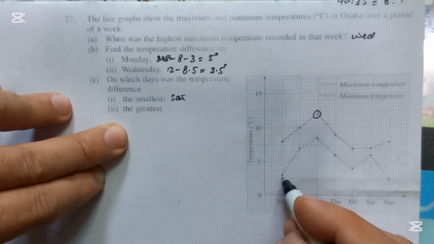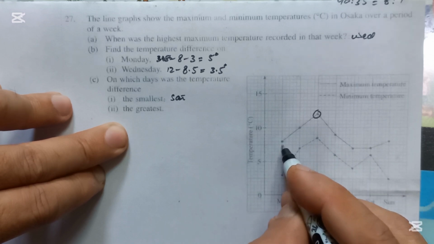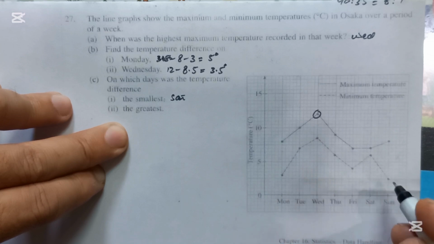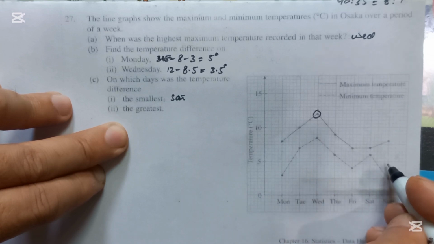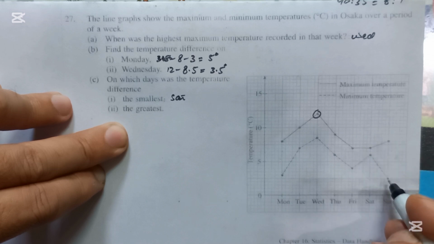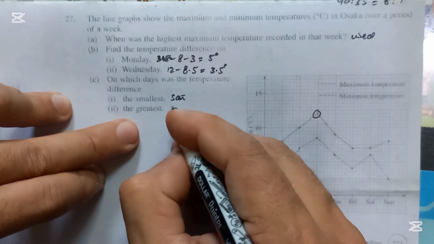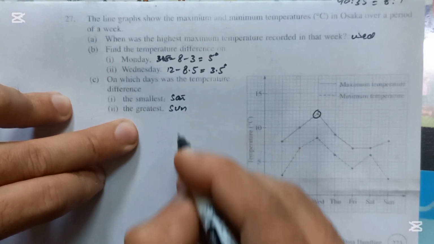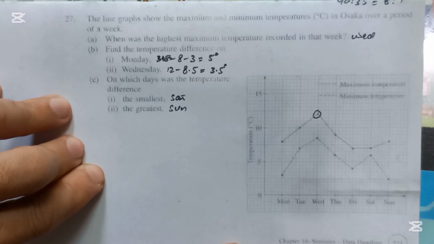So we count 1, 2, 3, 4, 5 ... 9 and 10. So this is a 10 box difference, and here is 5 and 5, 10 and 11. So these are 11 boxes. So Sunday is the day on which the temperature difference is the maximum. So this is the answer.